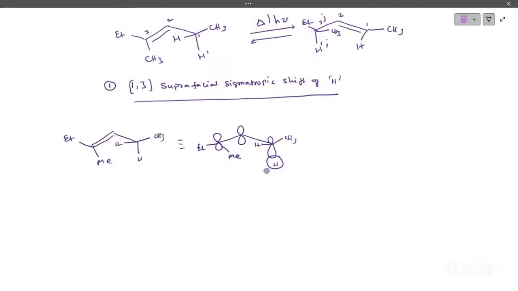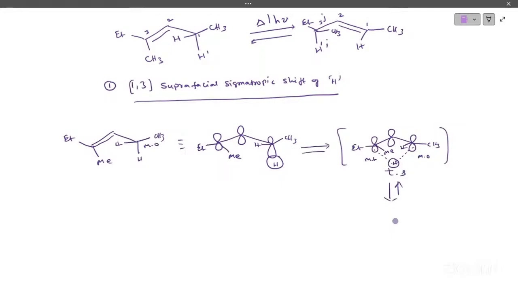This hydrogen is undergoing migration at the transition state. This is the hydrogen, hydrogen and CH3, ethyl and methyl, which is partially attached with the migration origin. This is the migration origin. And also partially attached with the migration terminus. This is the transition state. After complete migration, what's happening?